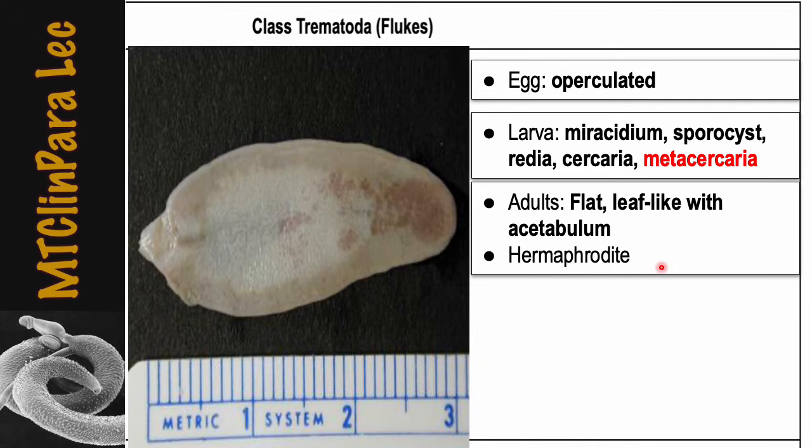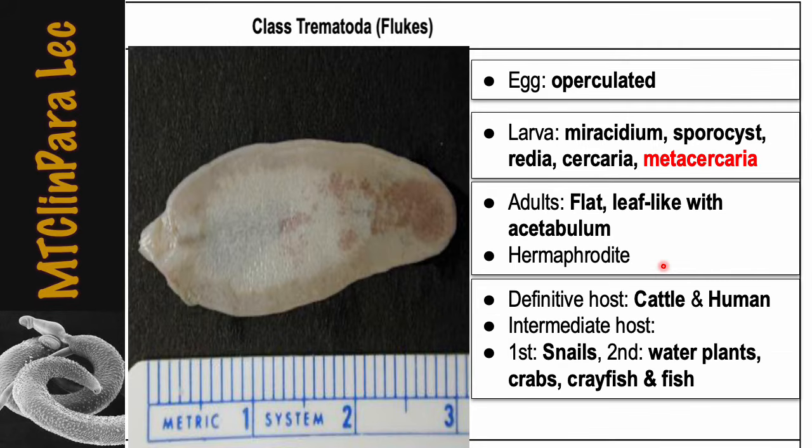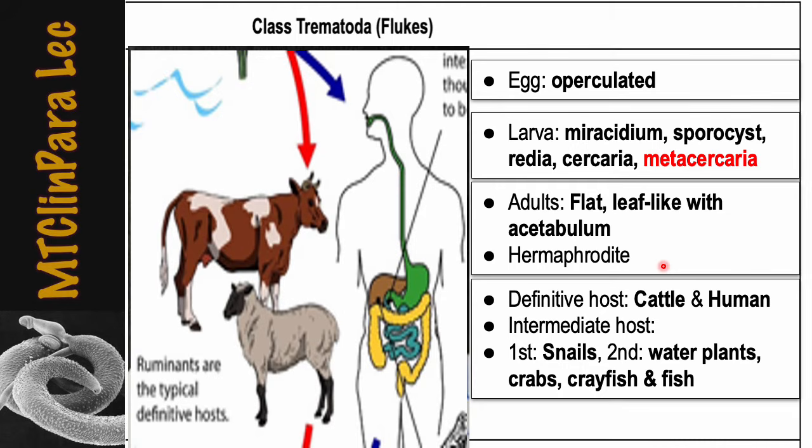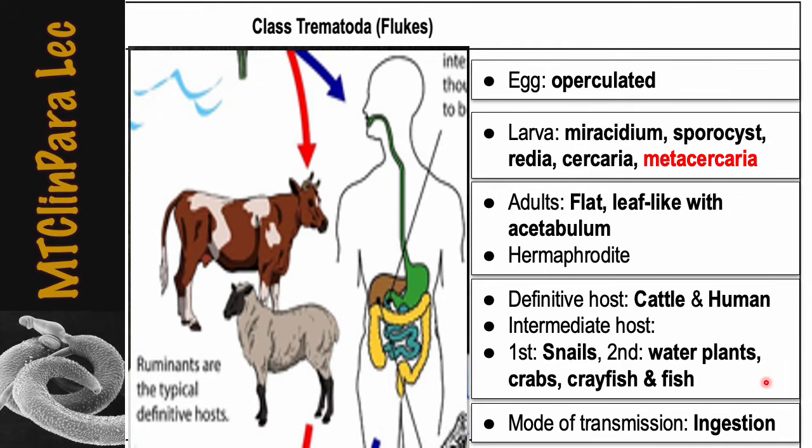And most of these are hermaphroditic in nature. So there is a single adult worm present in a single host. In terms of their definitive hosts, cattle and humans serve as their definitive hosts, while for intermediate hosts, they require 2, which usually are snails as the first intermediate host, while other aquatic animals and plants serve as their second intermediate host. The mode of transmission of these parasites is ingestion.